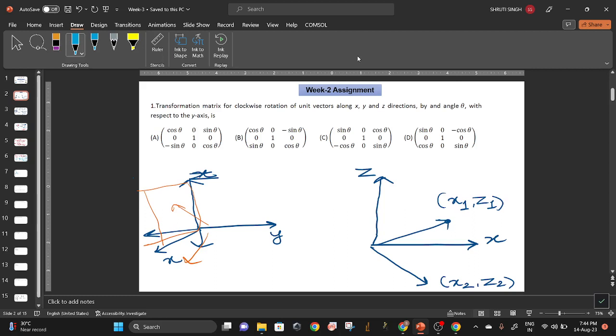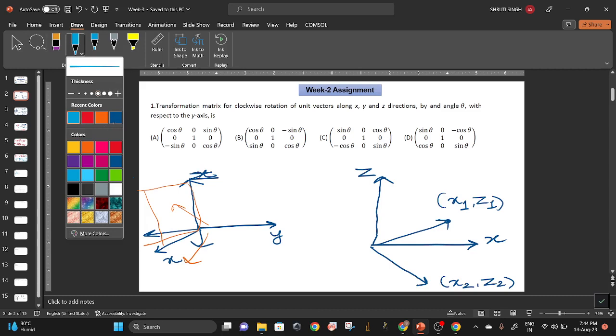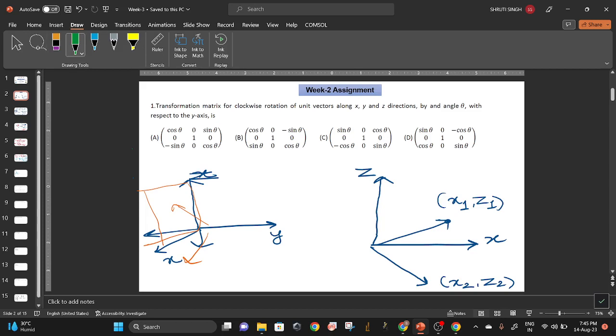B is matching, right? So the answer should be changed. Yes, because these answers are also given by some TA only, so maybe they can also make a mistake. Not a problem.